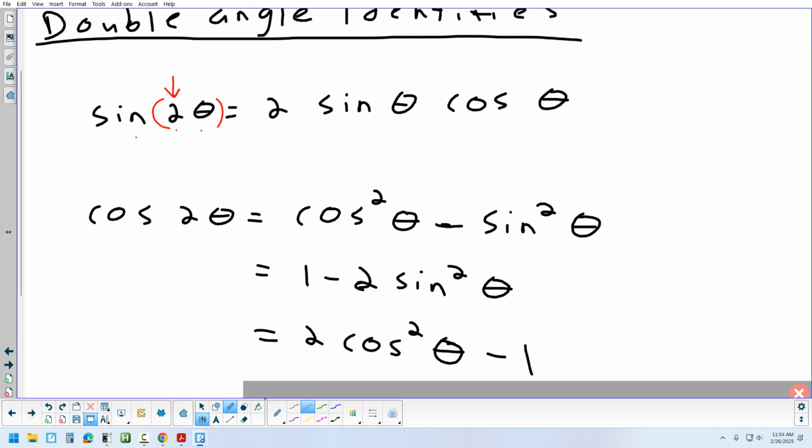Or you could also write it that way. They're all equivalent. Which one you use? Well, it depends on the problem. If I was doing a problem and for some reason I did not want to have any cosines in it, well, then I would use the second one. If I was doing a problem and I did not want sine in it for some reason, I would use the last one.